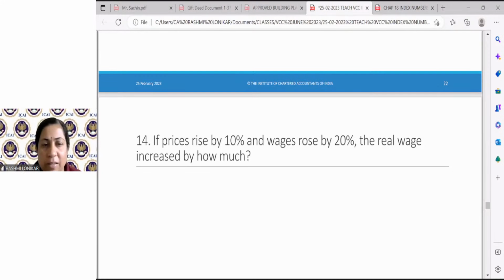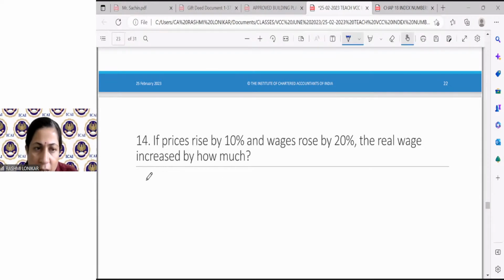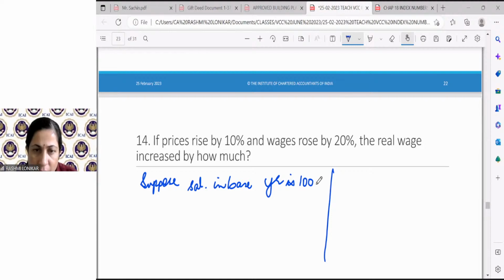If prices rise by 10% and wages rose by 20%, the real wage increase is by how much? Okay. So what this means is that suppose salary in base year is 100 rupees.